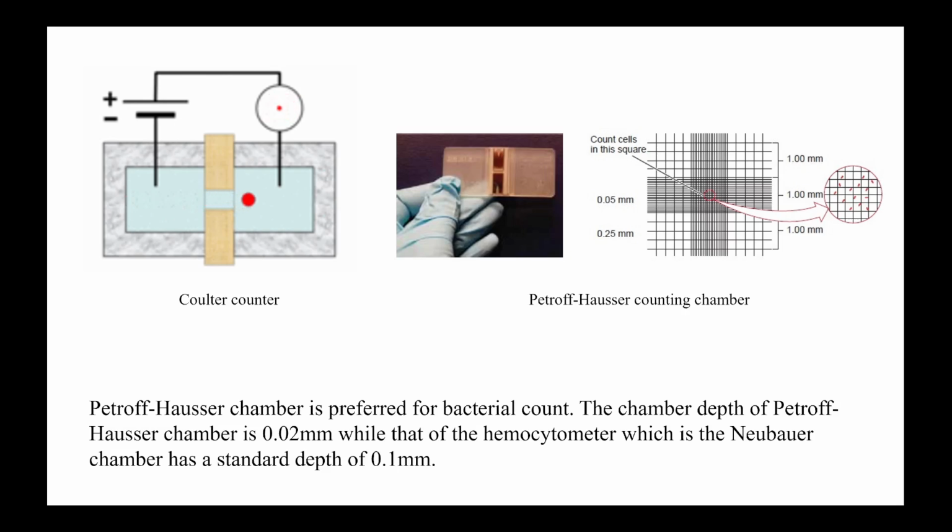Now we have the Petroff-Hauser counting chamber, or the hemocytometer. This is how the slide looks. We have two different sides from which we can load the samples. We put a cover slip over this, and from this groove that you can see, I hope everyone can see, I'll just use a pen.